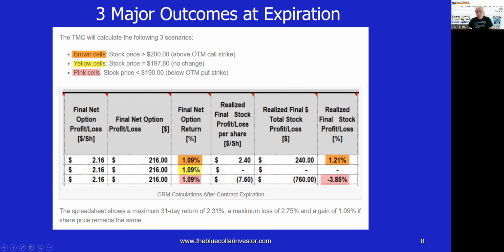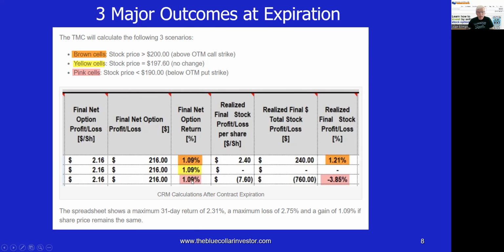Now, the second possibility is that the price of the stock remains the same. And I'm showing you that now in the yellow cell over here, where you could see the return was 1.09% and no change on the stock side.